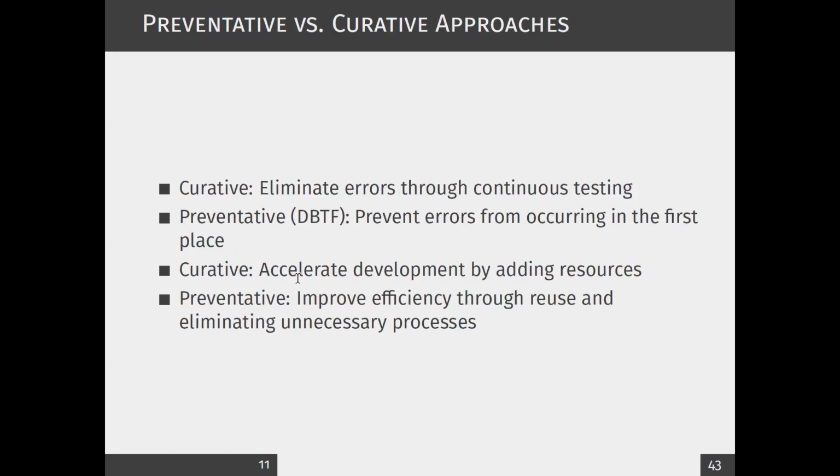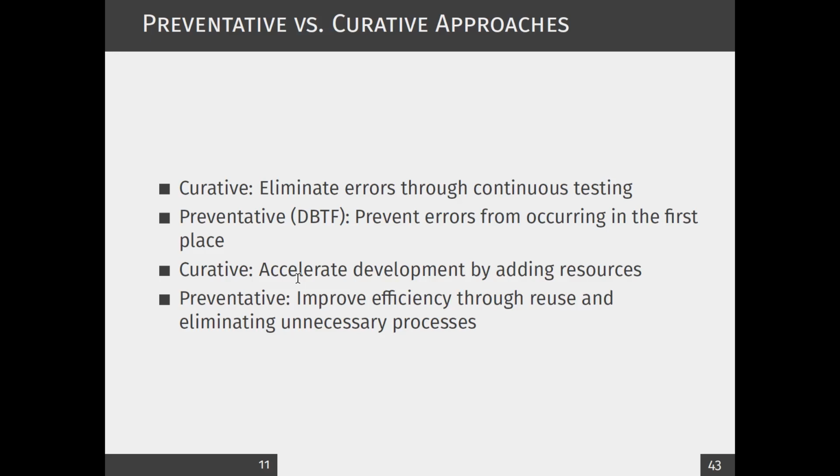Okay, so let's look at the different approaches. We have understood how the development before the fact technology handles this. When you look at the two techniques, one is you create and you identify the bugs and correct them.